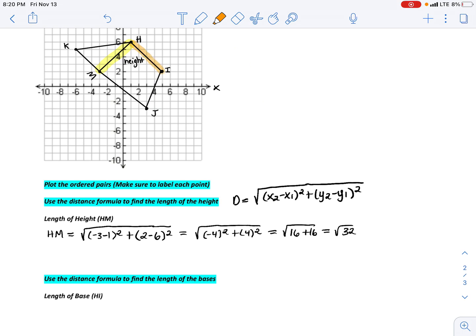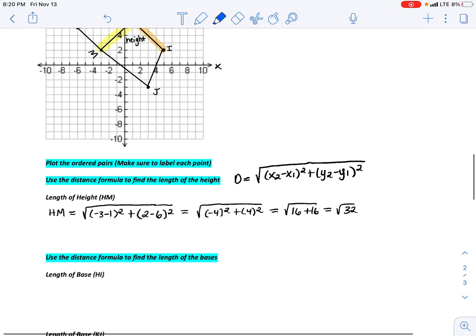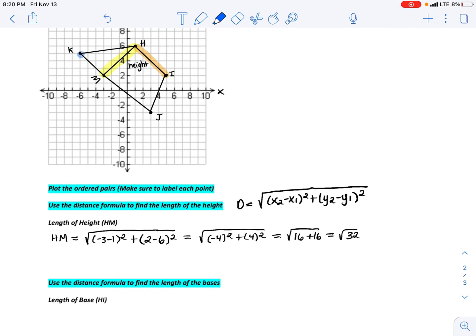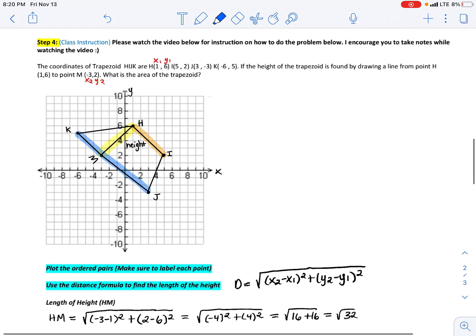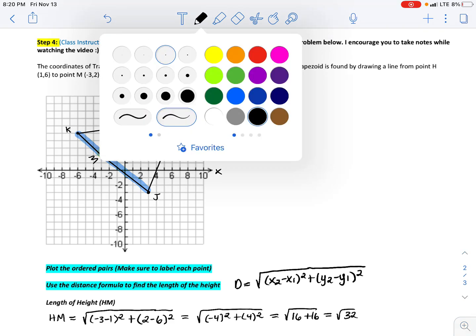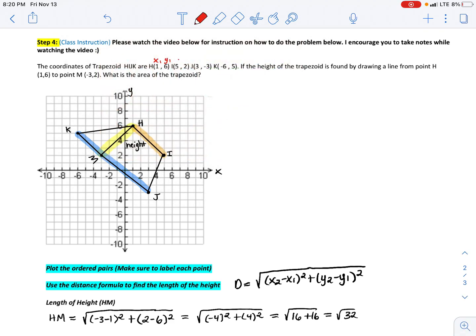And then the other one here is from K to J. Okay, and so I'm going to use the distance formula to find the distance from H to I. And so I need to go back up here and see how my points were labeled. So I need to label I as x2, y2.